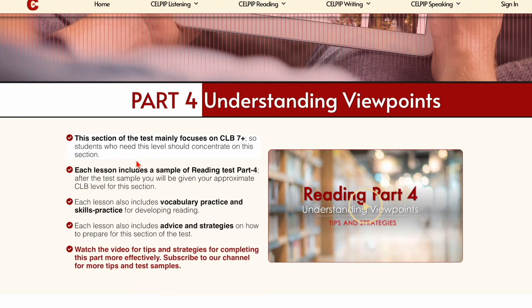And usually, just to give you an example, level 5, usually they get 0 in this part, okay? And CLB 6, they might get 1 or 2, okay? But level 5 or 4, they get 0 in this part.